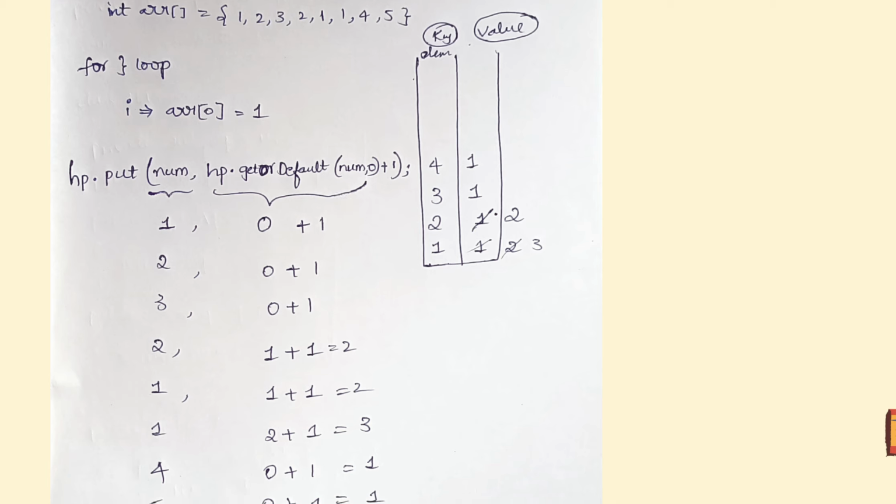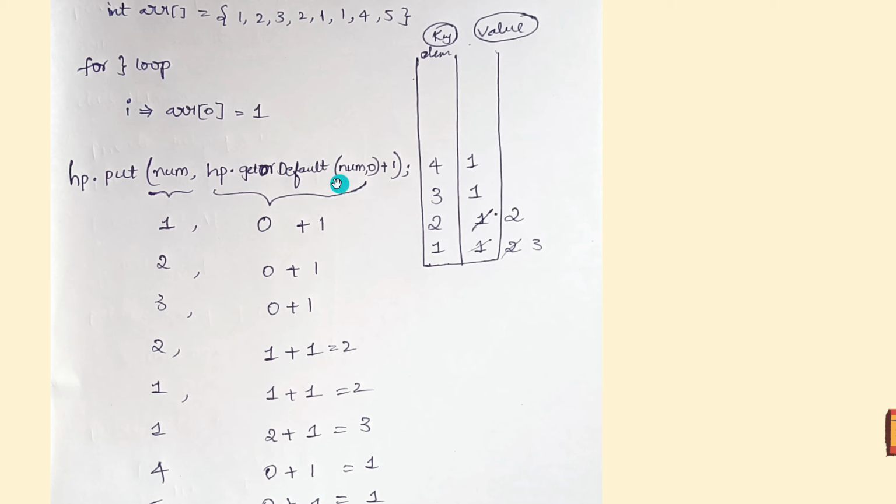Here you are using two methods, hp.put and hp.getOrDefault. First of all, let us discuss hp.getOrDefault. It accepts two things: num, comma, 0.